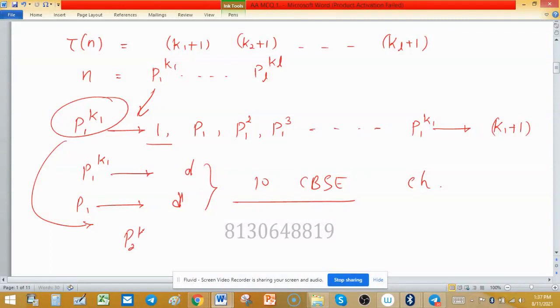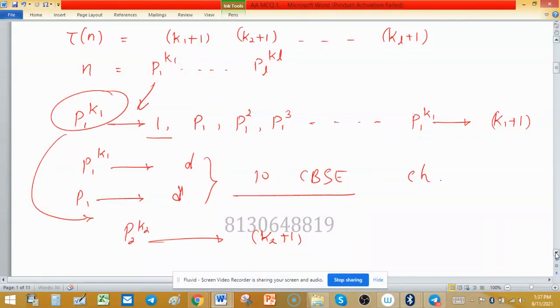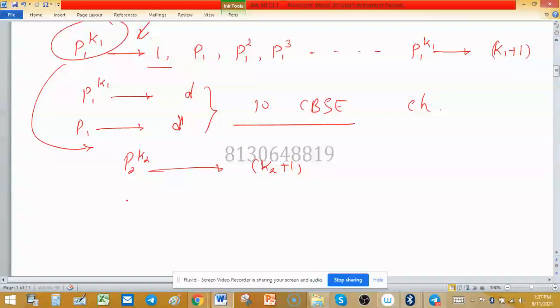Similarly, p2 raised to the power k2 has k2 plus 1 factors, and so on. The other prime powers will have k3 plus 1 factors, and so on.